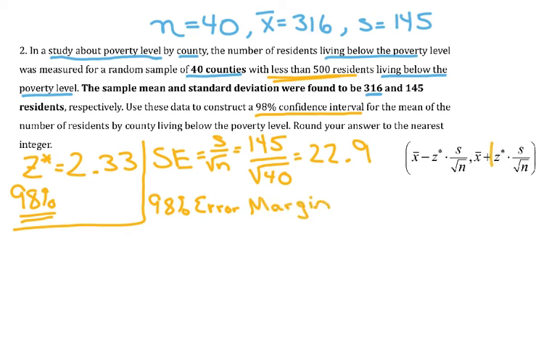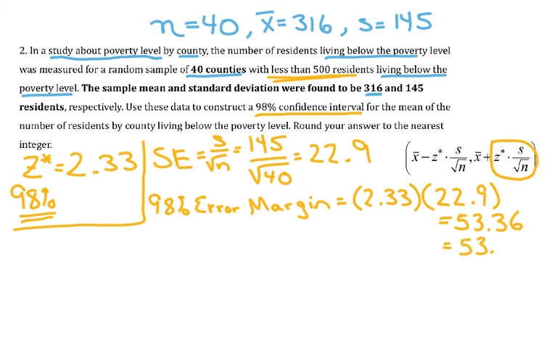That's z star times my standard error. So this will be 2.33 times 22.9. And that, if we do that calculation, is 53.36. Which I'm going to go ahead and round to 53.4.